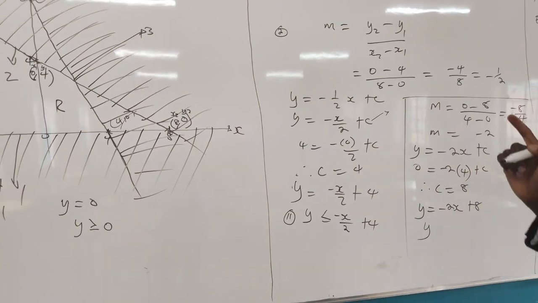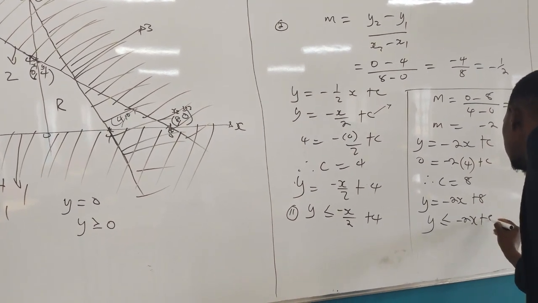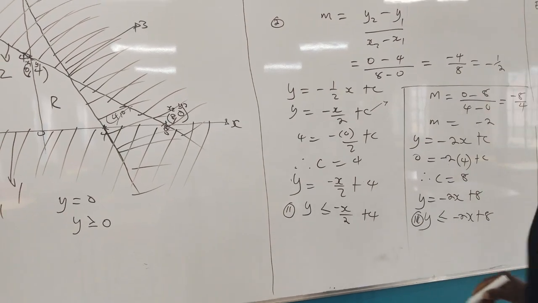Considering the line is solid, therefore, y is less than or equal to negative 2x plus 8. So this is our third inequality.